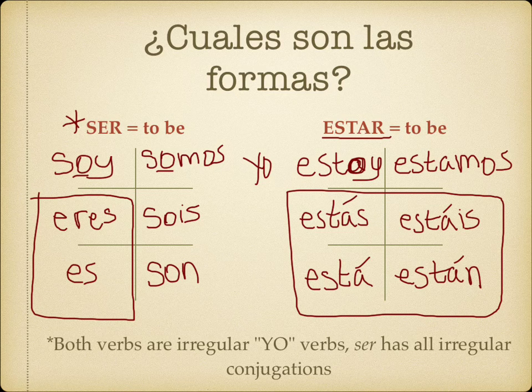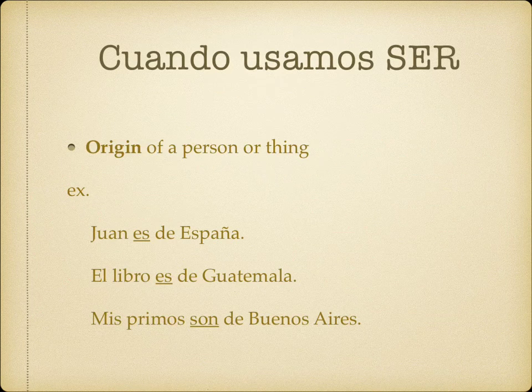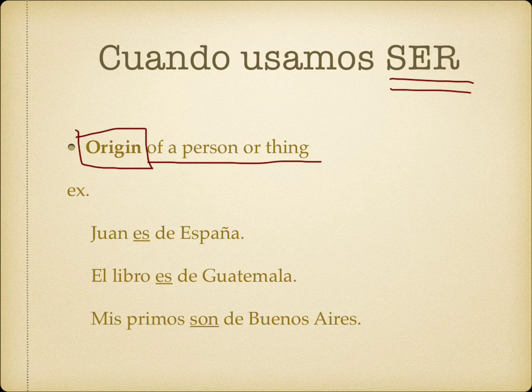Now we're going to go on to the functions. We're going to start off with the verb ser. The first sign of when you're going to use ser is origin, of a person or thing. Where did something come from? So if you notice in these examples, we have Juan es de España.